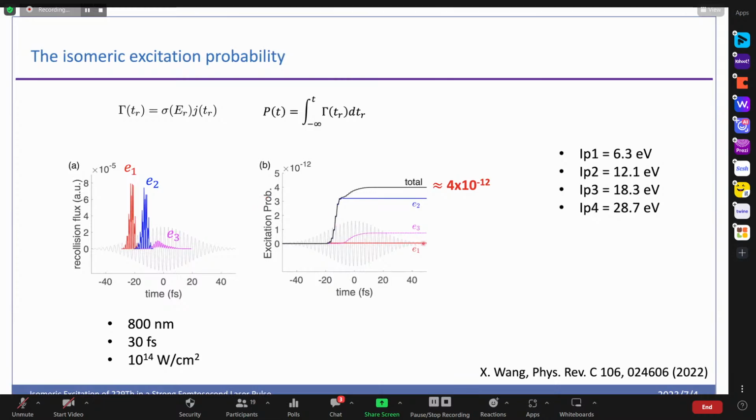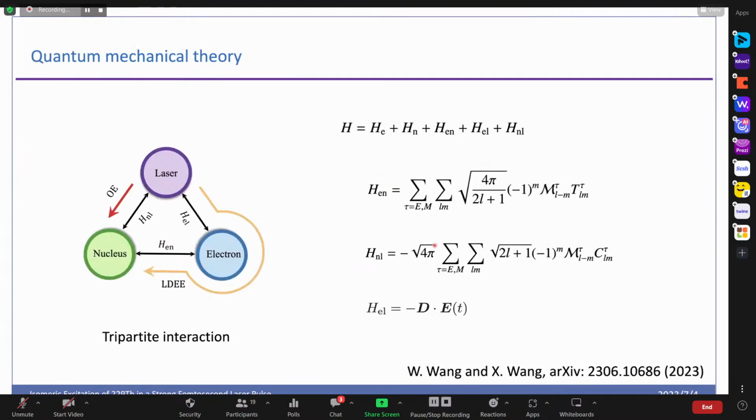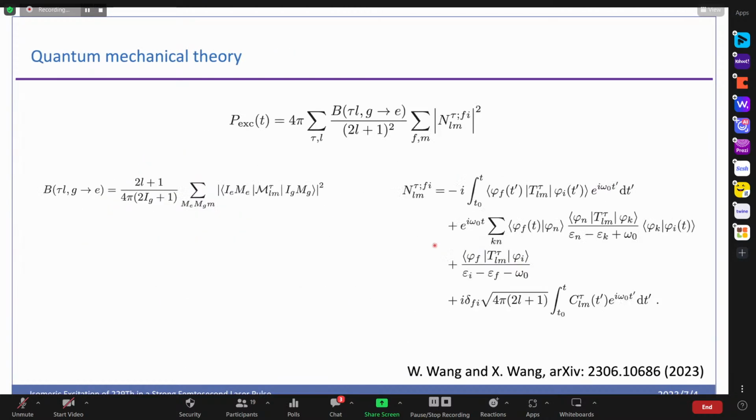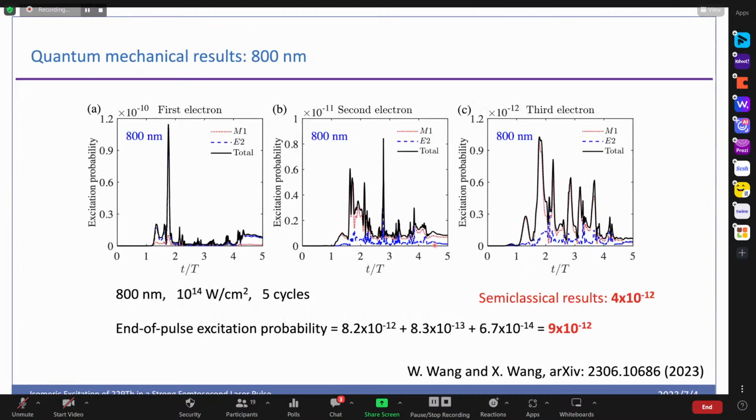That's why you see there with this intensity almost no contribution from the first electron. But in the quantum theory, other channels are also included, like free-bound electronic transition. Therefore, we see the first electron has quite a major contribution. So I would answer that this is because of the inclusion of other electronic channels.